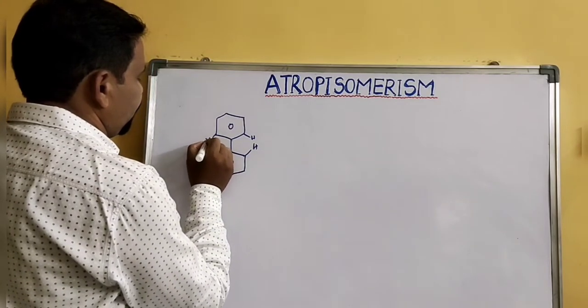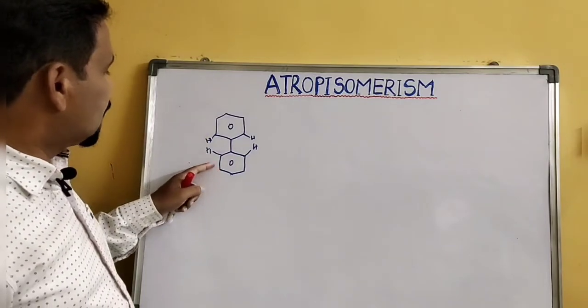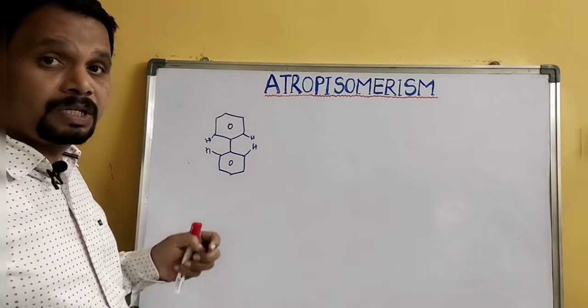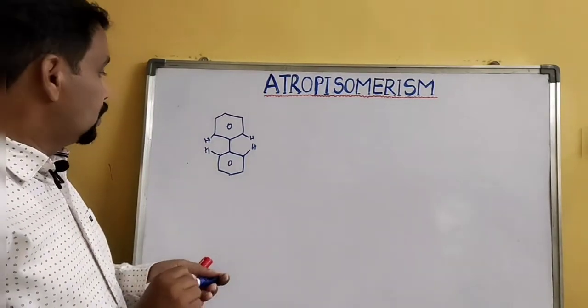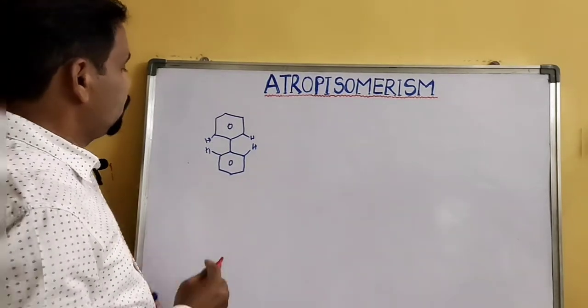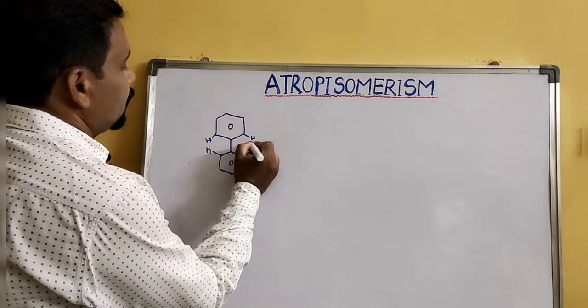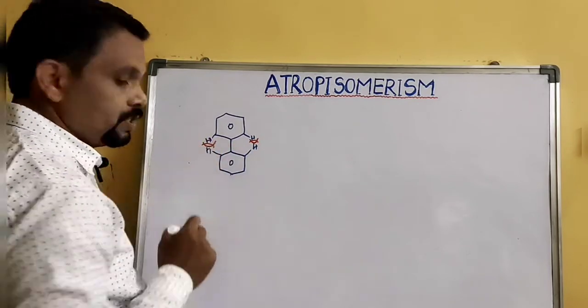So this is the biphenyl system. Two phenyl rings connected with a single bond is called a biphenyl system. Here this compound is unstable due to steric repulsion between these ortho-substituted hydrogens.